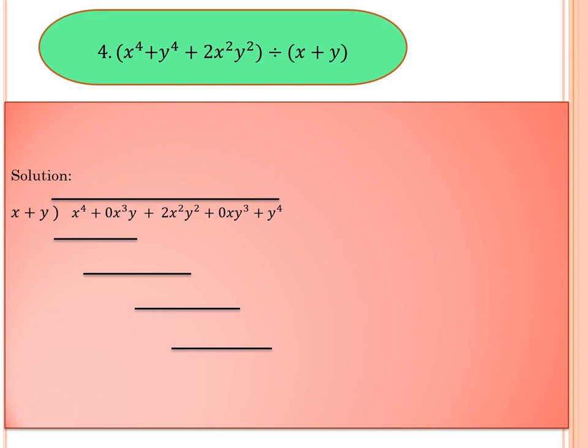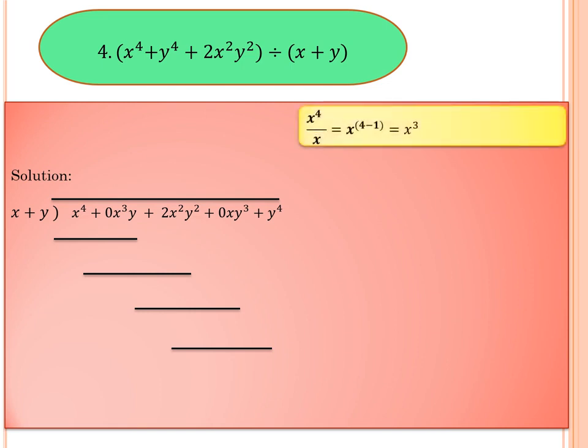Next, maglagay tayo ng numerical coefficient na 0 para sa mga missing term. So, ang missing term na dito is x cubed y at saka xy cubed. Okay? So, kaya natin sila nilalagyan ng numerical coefficient na 0.